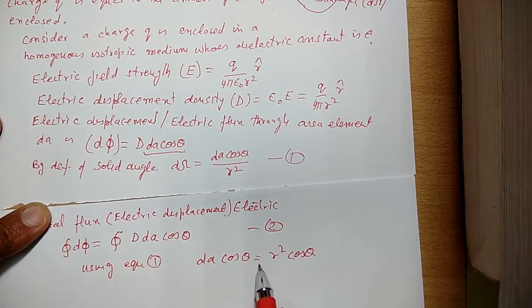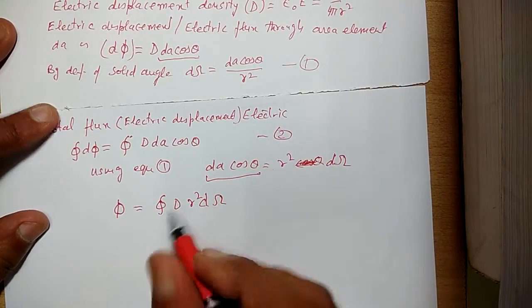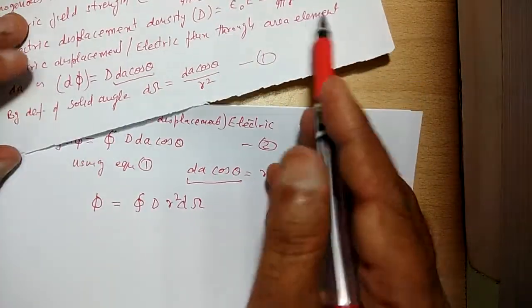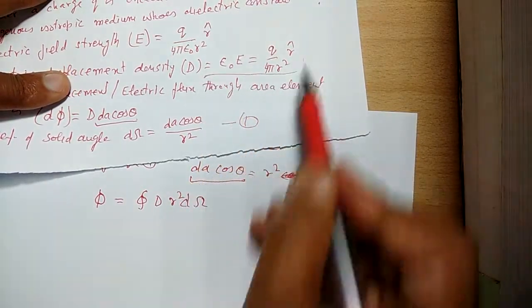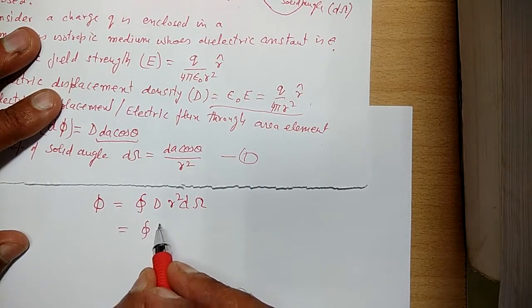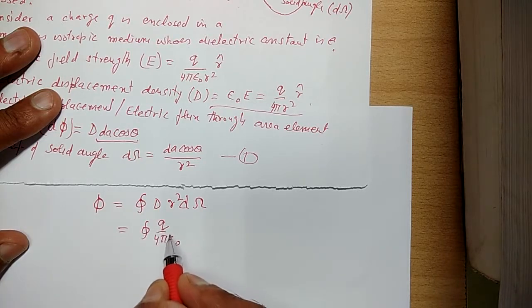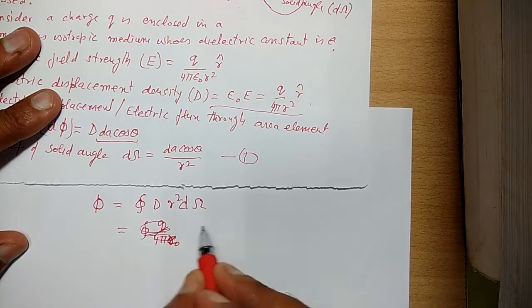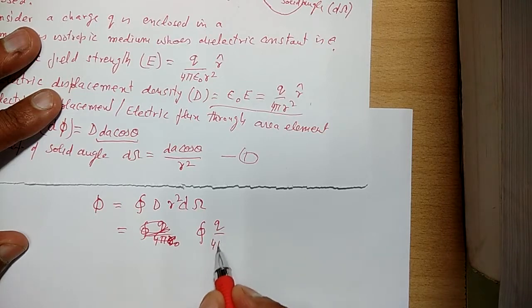So we'll use this dA cos theta in equation 2, and this total flux we can write as phi is equal to the integral of D r square d omega, and we substitute the value of D from this relation, D is Q upon 4 pi r square.